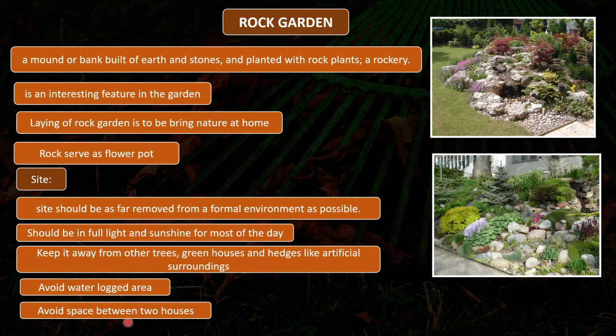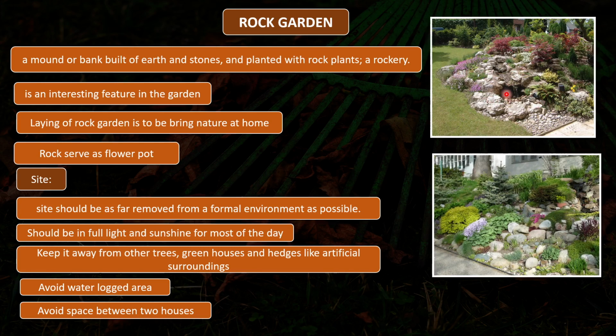And avoid spaces between two houses. This is a very important thing, that for example, there are two houses, and in between the two houses there is a space. If you think of making a rock garden between the two houses, that would be the worst decision, because your houses are symmetrical things, and when you put something asymmetrical in between, it will not match up with the surrounding area.